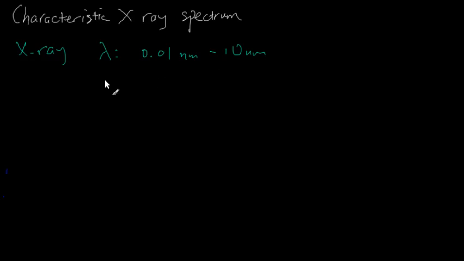The corresponding frequency of the photons: lambda and f are related by f equals the speed of light over lambda. Right, so if you know lambda, you can find f, and if you know f, you can find photon energy, hf.